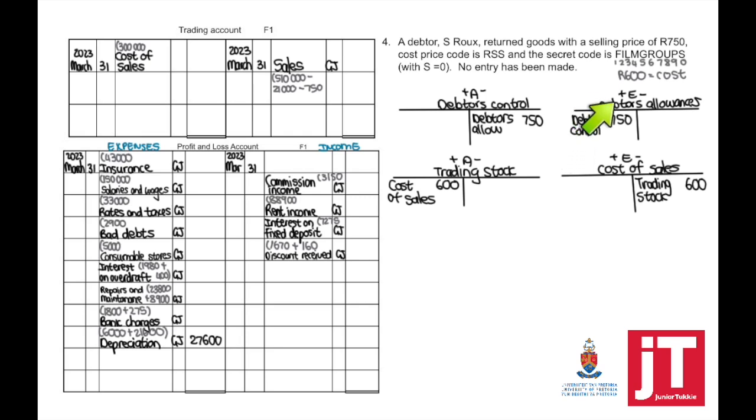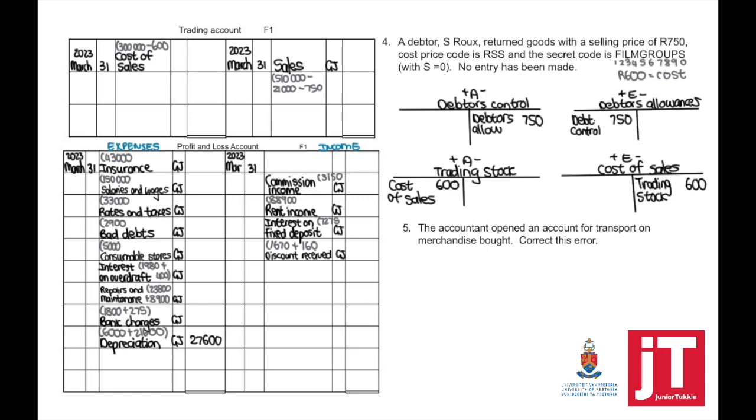We're closing it off to sales, which means that I've got two ways in which I can indicate this. I can either make that a bracket and say 21,000 plus 750 and the total must be subtracted from 510,000, or I can say minus 21,000 minus 750. Cost of sales is credited, which means we need to minus 600 from the amount in the pre-adjustment trial balance.